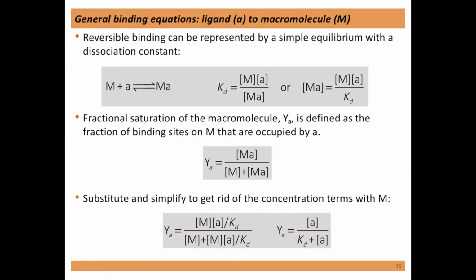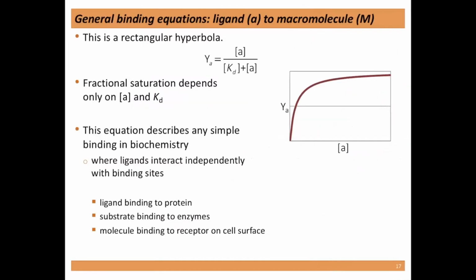So now we're essentially dealing with constants and the concentration of our substrate. We don't have to worry about the concentration of the protein there. So it just makes it a little bit easier because we don't have to measure two concentrations here. We just need to know the dissociation constant and how much of the molecule we're putting in.